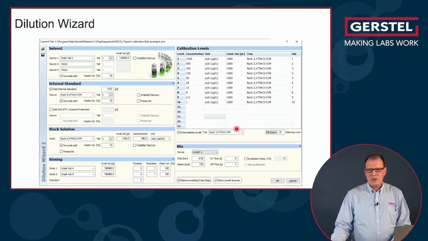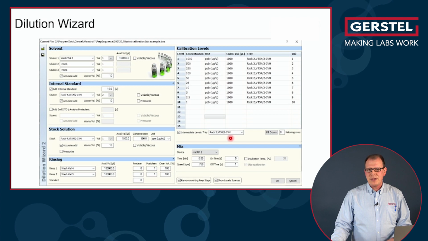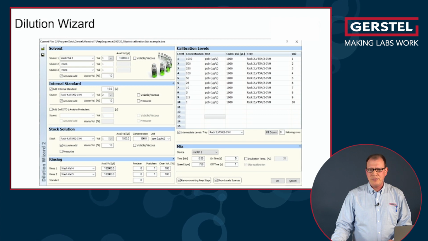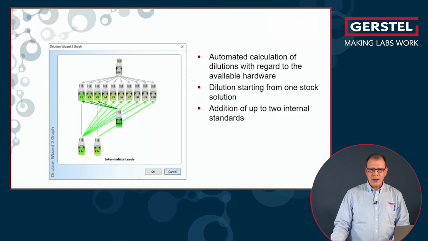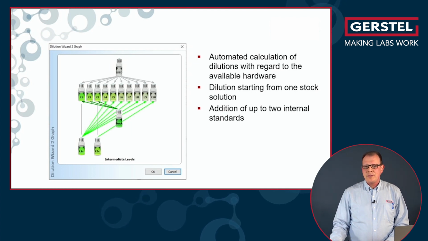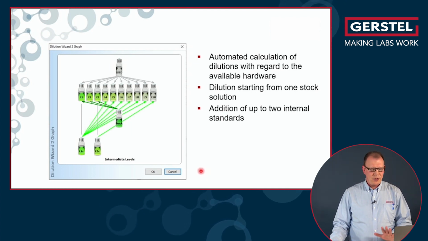Then the Maestro software calculates, according to the hardware you have, how it is possible to prepare your individual standards. And we have also a graphical representation for this, so you can see what is going to happen there.